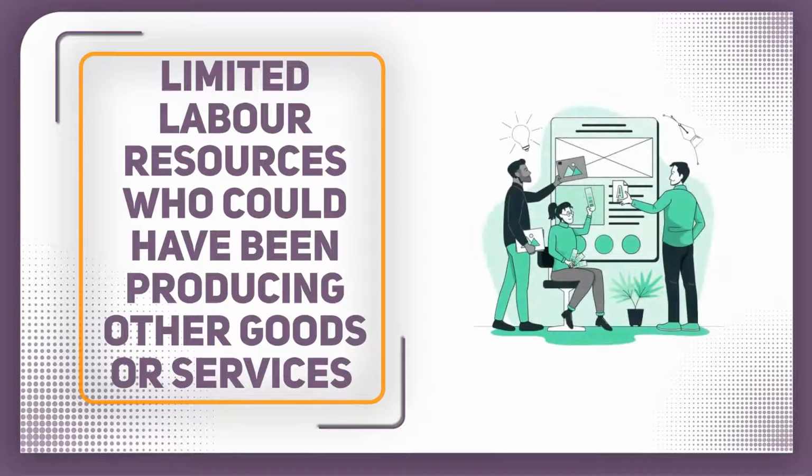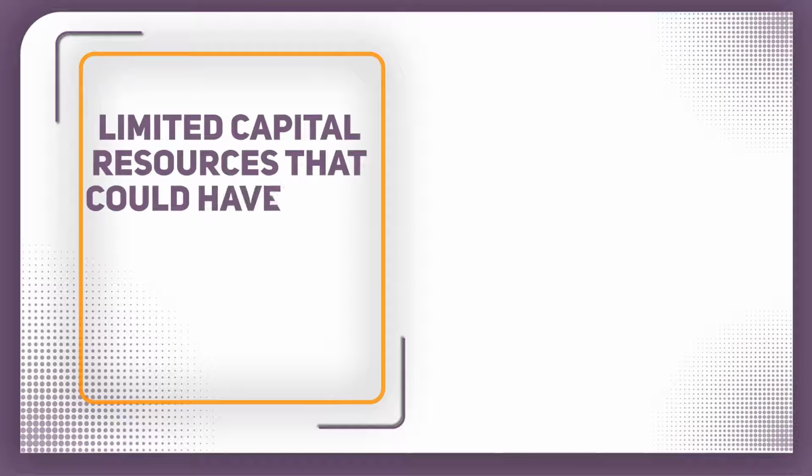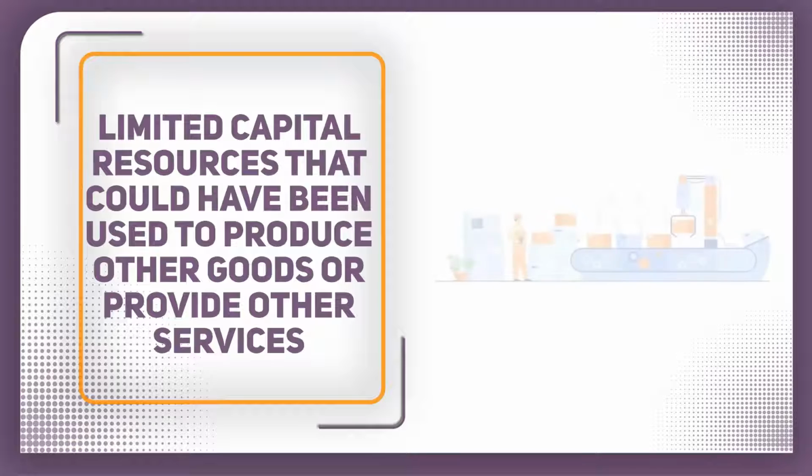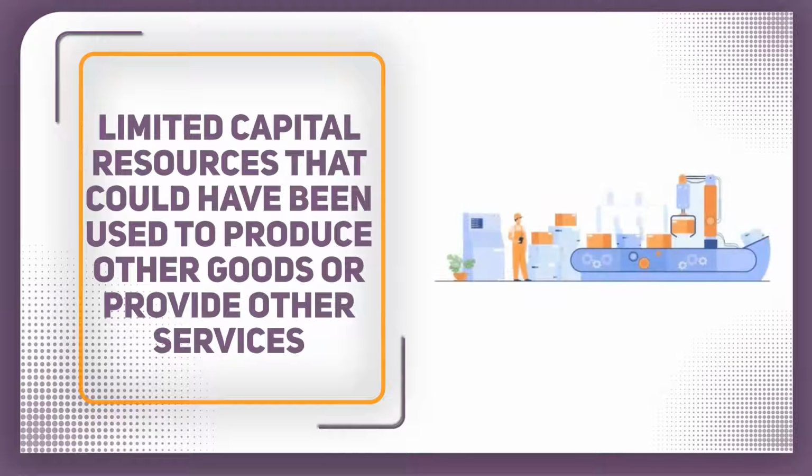The machines and factory used to produce the jeans are limited capital resources that could have been used to produce other goods or provide other services. So this scarcity of resources means that producing some goods and services leaves other goods and services, well, not produced.